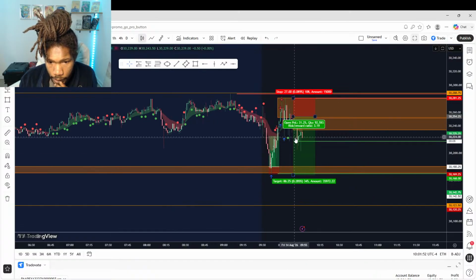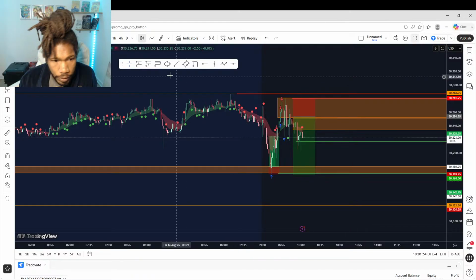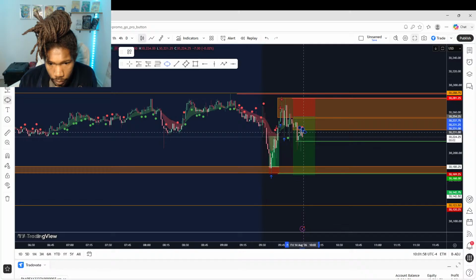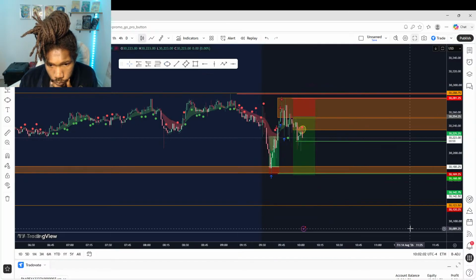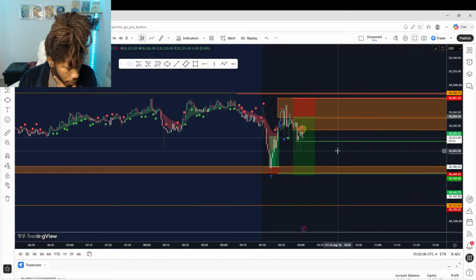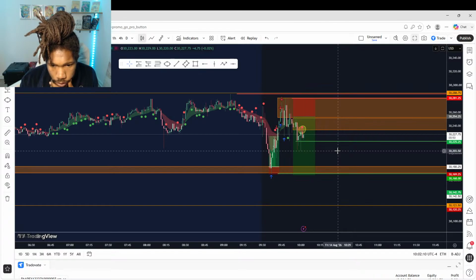See the order block. Boom. Nice little break and retest of the order block right here. Yeah, this could very well be a continuation to take out this low right here, and then take out these lows.